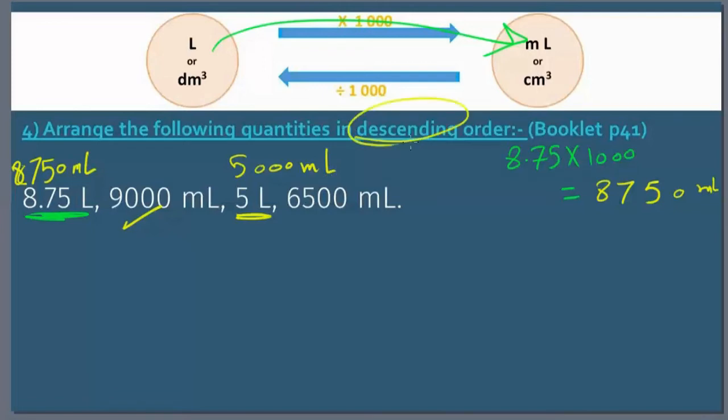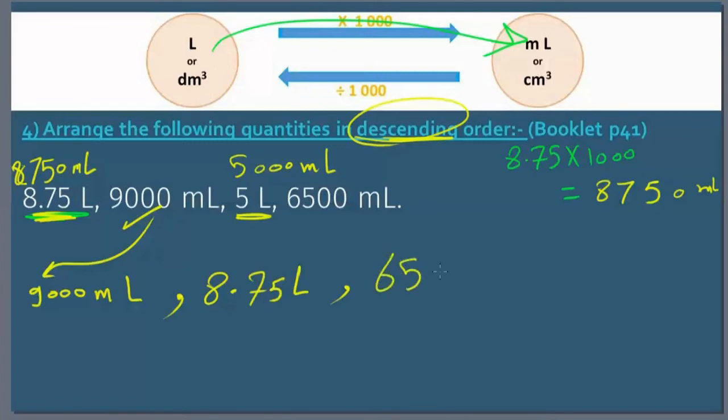He asked me to arrange them in descending order. So I will start with the biggest number here, which gives me 9,000 milliliter. After this, I need to write this: 8.75 liter. The next one will be 6,500 milliliter.